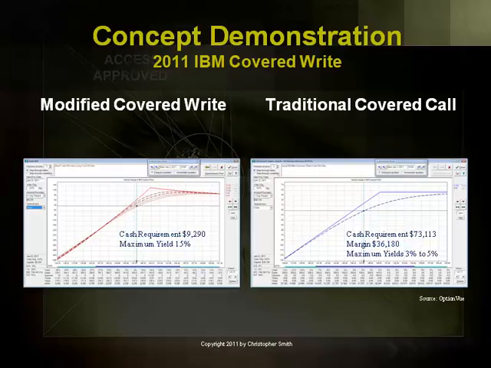So if you have $100,000 in cash to invest and you do the modified covered write, you probably don't want to take all $100,000 and plunk it down into one of these covered write trades. Whereas you might be willing to put a substantial portion of that into a covered call.